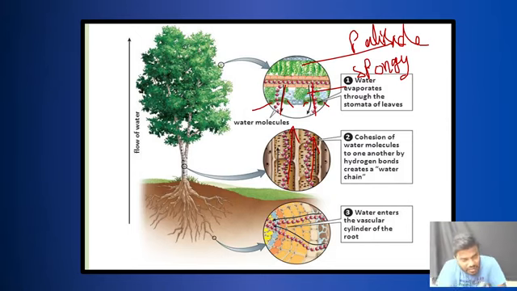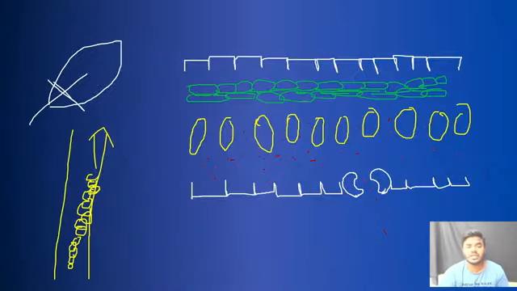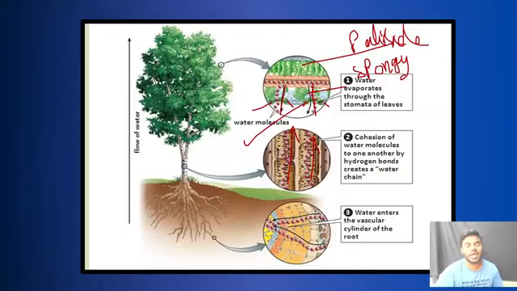What are they doing, friends? They are pulling the water from the intercellular spaces, which creates a pressure on this particular water chain. That is how the water chain comes from the root to the tip of the shoot. Very, very simple point it is. That is how, friends, water molecules move up.